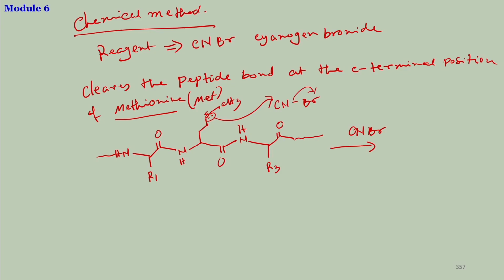So, you will have CO, NH, here CH2, CH2, S, CH3 and cyanide, and this would be now plus because it has donated the electron.